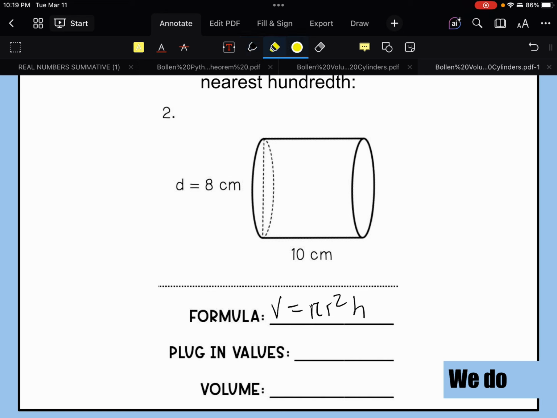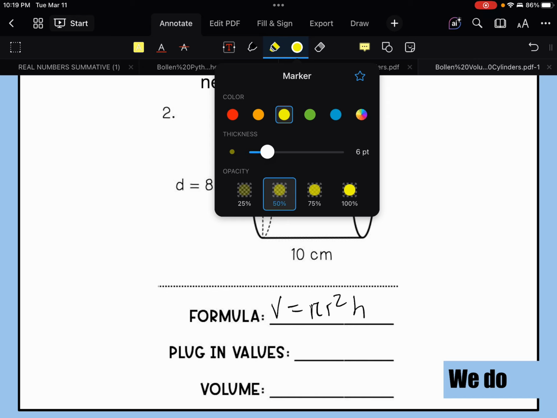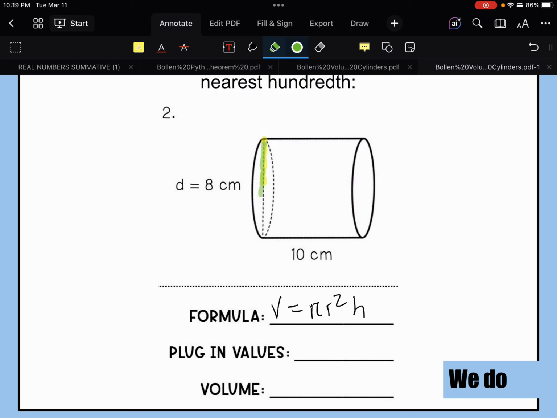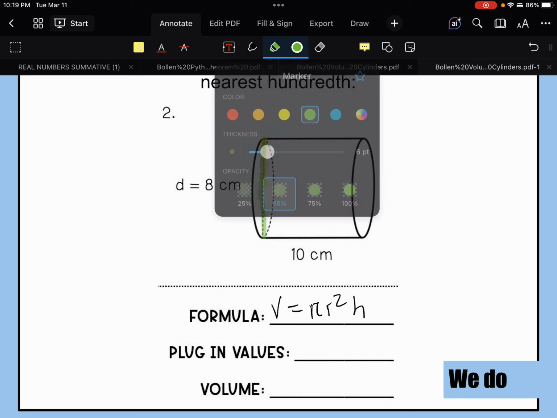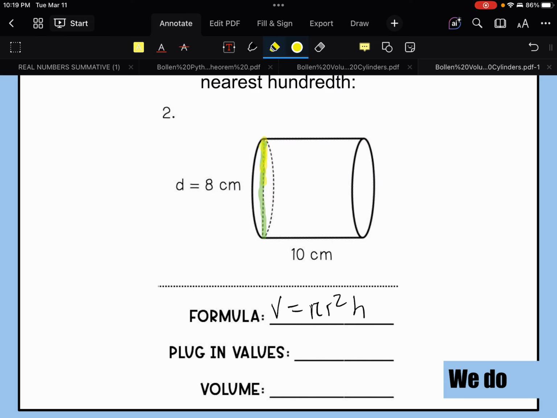First thing we need to do then is find our radius. Remember, our radius is halfway. Here we have that our diameter, which is all the way across, is 8. So we're trying to find that halfway point. So what we need to do is divide this by 2 to find that halfway point. So 8 divided by 2 is 4.